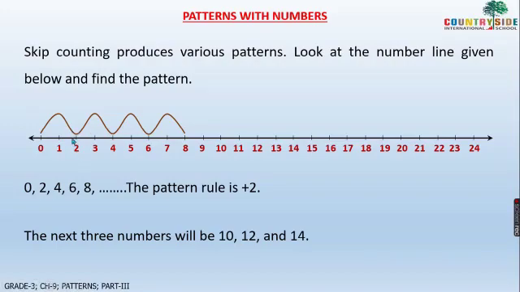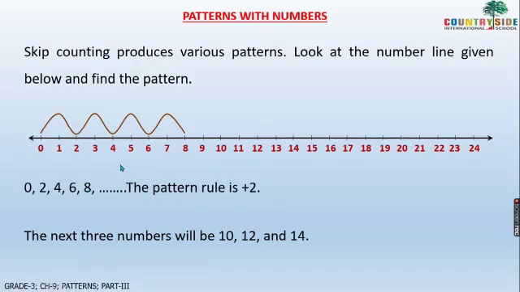Again I am starting from 2 and taking a pause at 4. So what will be the pattern? 0, 2, 4, 6, 8. Children, here I am skipping one number, which will make a pattern. So see here 0, 2, 4, 6, 8 and it goes on.